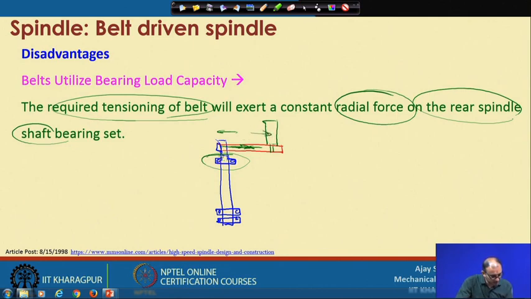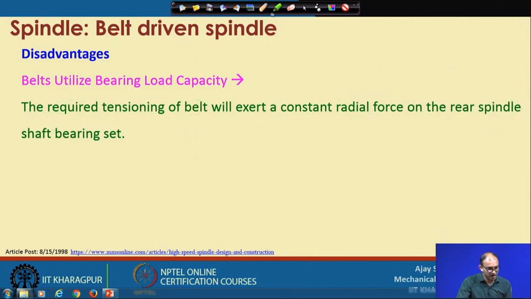When you do this, the bearing will experience a constant radial force. If you continue, the damage of this bearing is likely to happen in the near future. That is the problem of the belt driven spindle.